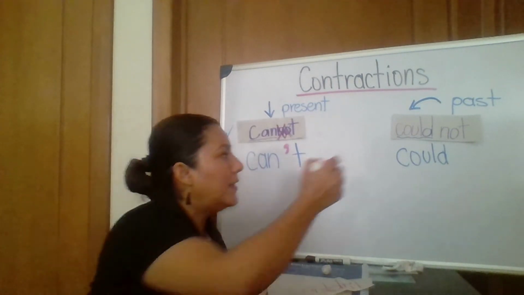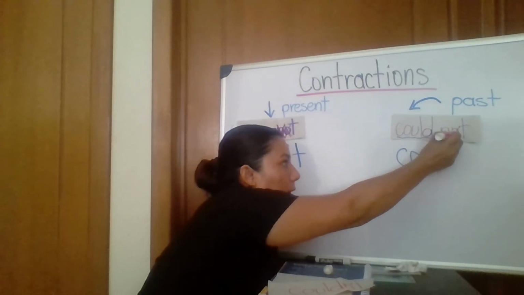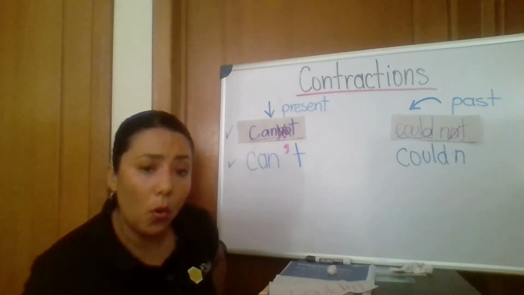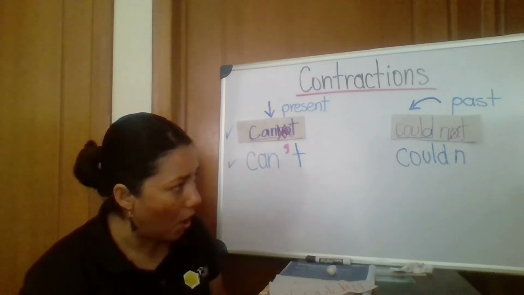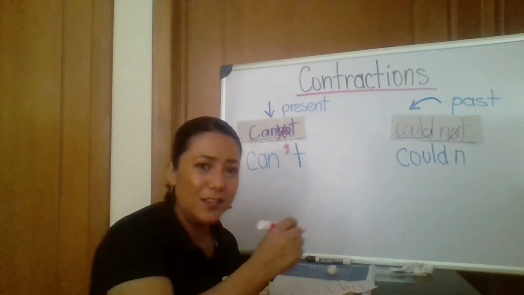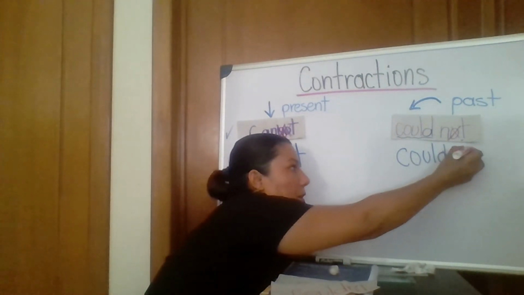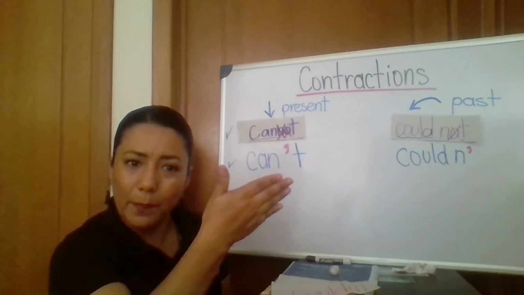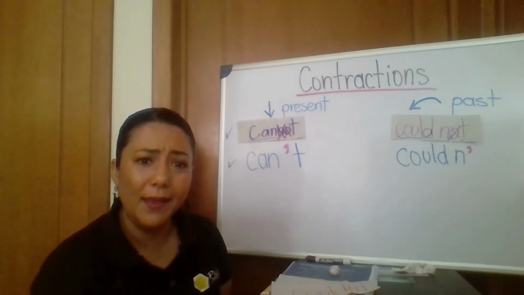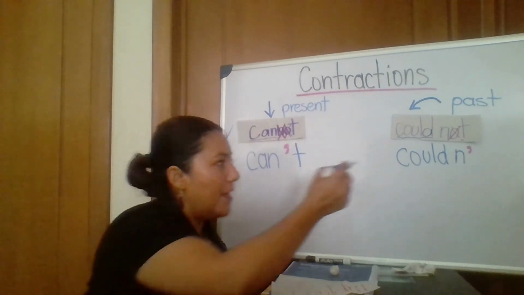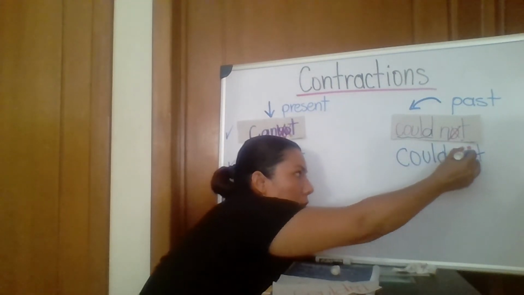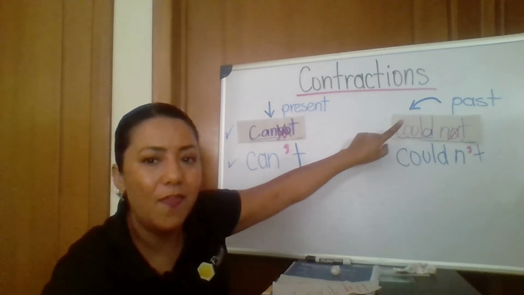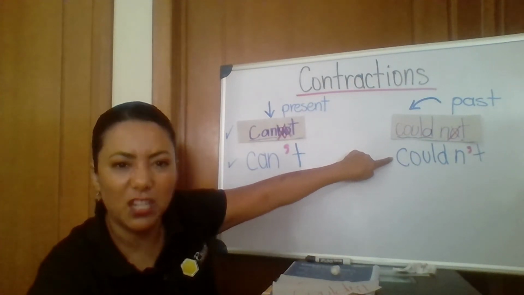We have letter N, but letter O was dropped. Bye-bye, no letter O. What do we put in that space where letter O was? We put an apostrophe. Remember, where you drop some letters away, you put an apostrophe and then the rest of the word. So, could not now became couldn't.